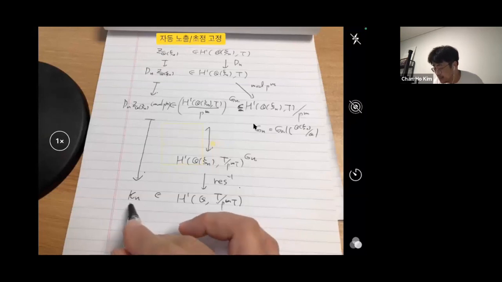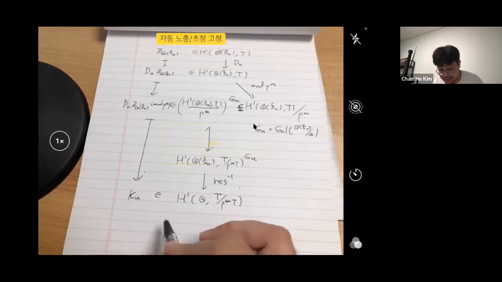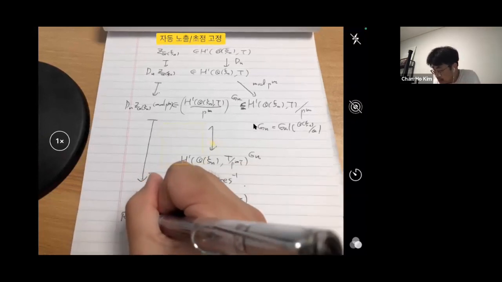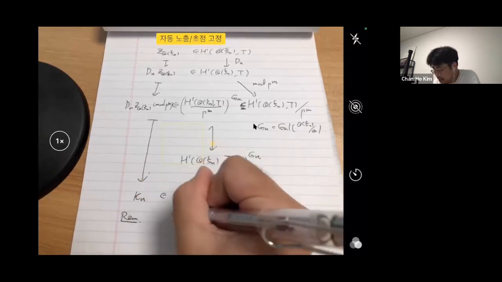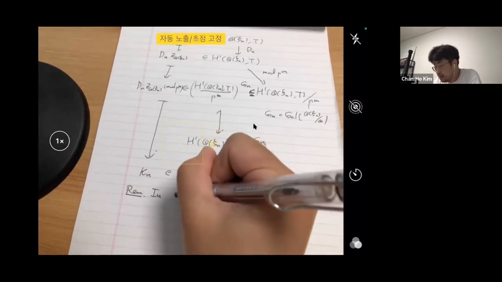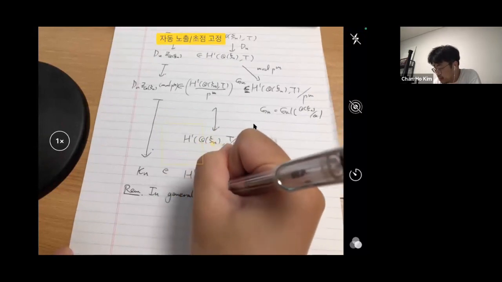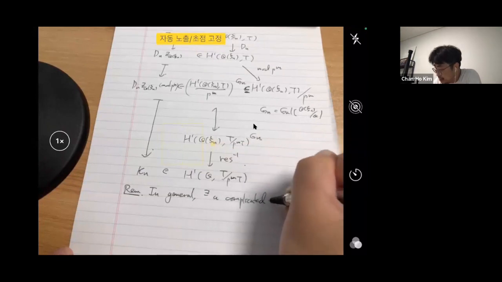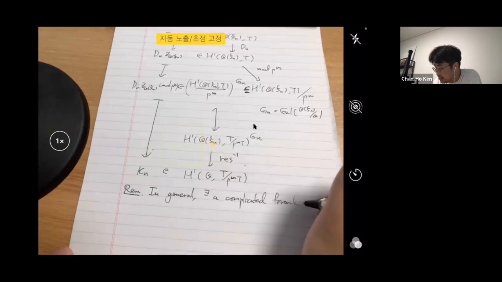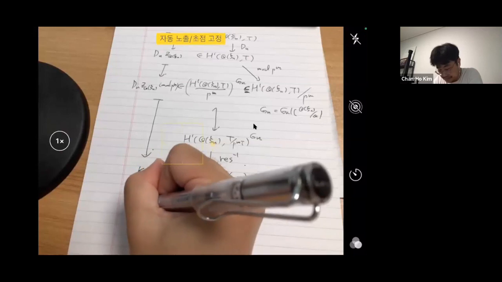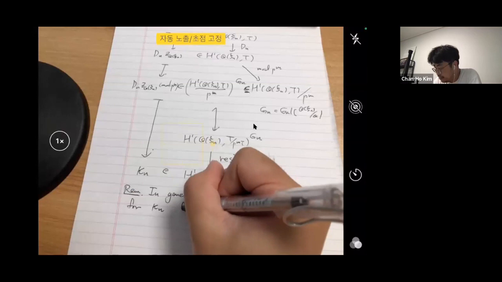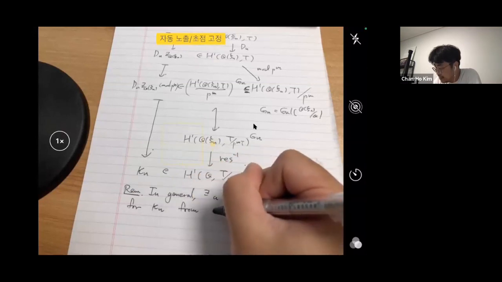A priori, we don't know the local condition of this, but basically the remark is that in general there exists a complicated formula. How complicated? If you look at Mazur and Rubin's book, these formulas are in the appendix, for kappa_n from just the Kolyvagin derivative classes.